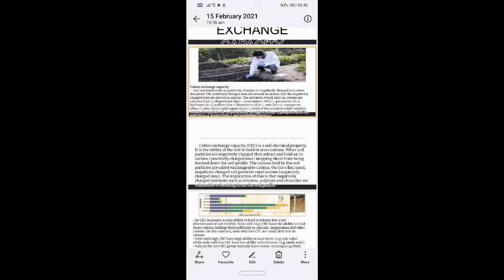Cation exchange capacity is a soil chemical property. It is the ability of the soil to hold or store cations. When soil particles are negatively charged, they attract and hold on to cations, the positively charged ions, stopping them from being leached down the soil profile. The cations held by the soil particles are called exchangeable cations.